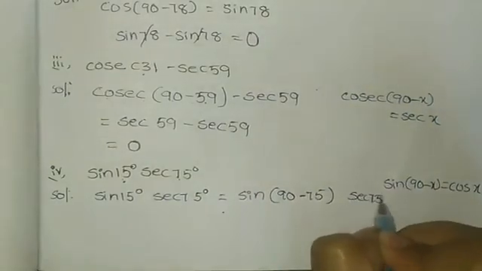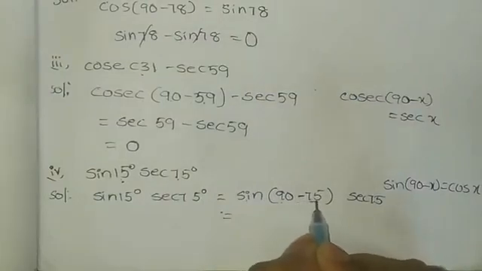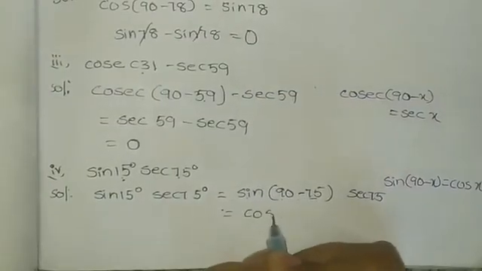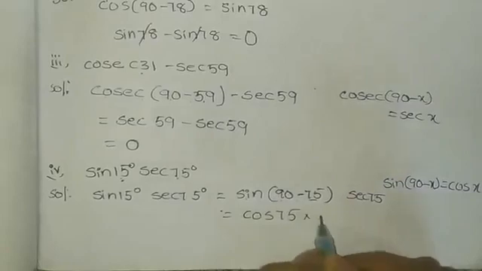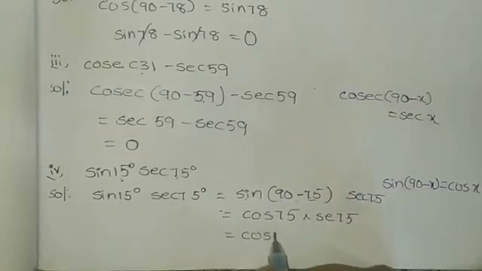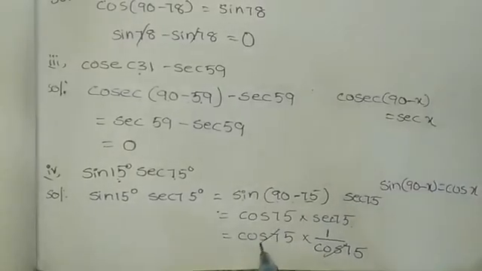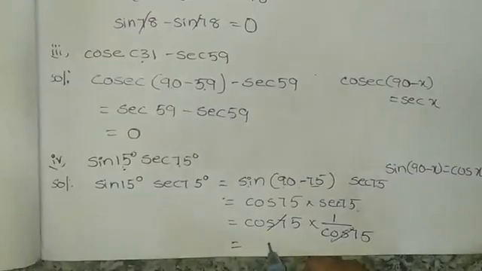So it is in the form of sin 90 minus x. Here x is 75. So cos 75 into secant 75. Cos 75 into secant 75 is nothing but the inverse of cos 75 times cos 75. Cos 75 cancels. So the answer is 1.